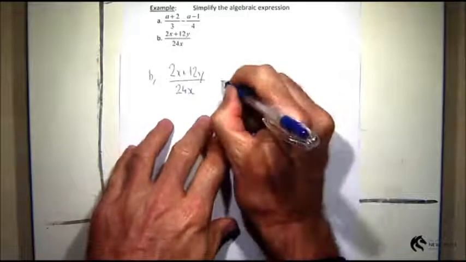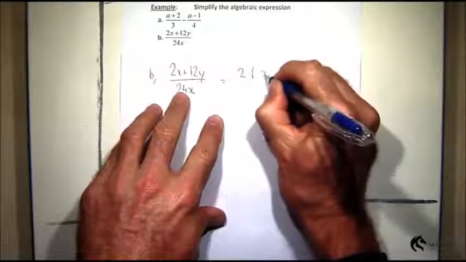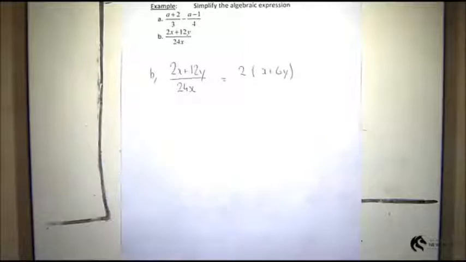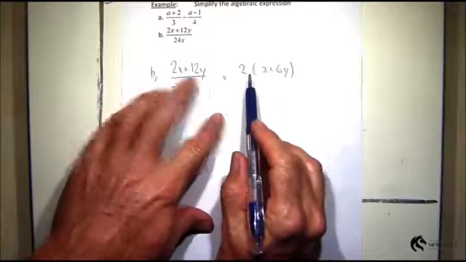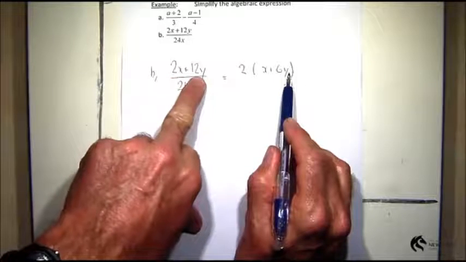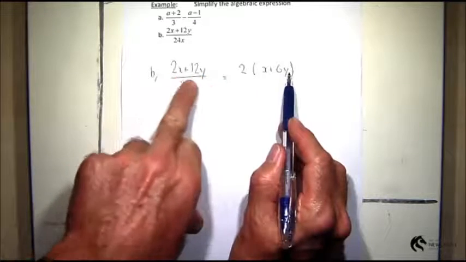In here I can write this as 2 times x plus 6y. Have a look at that. Let's go back the other way. If I use my distributive law, 2 times x is 2x, 2 times 6y is 12y. So that expression and that expression are the same thing.